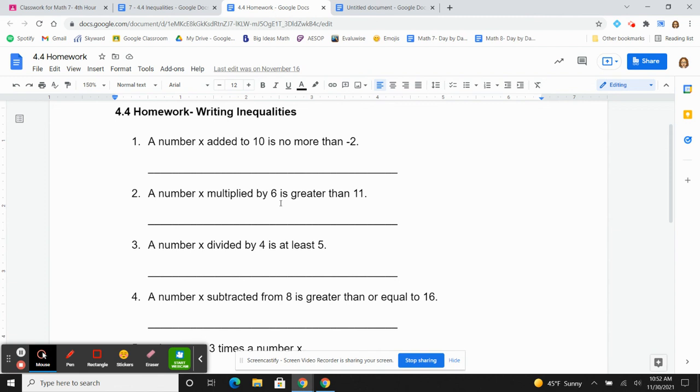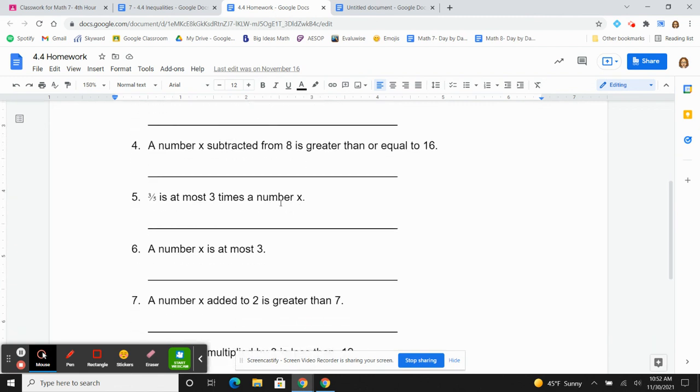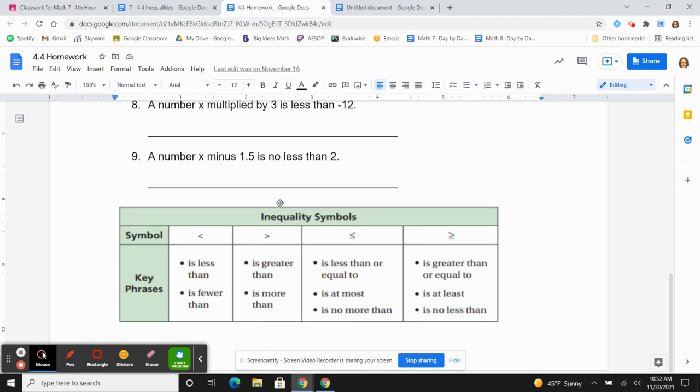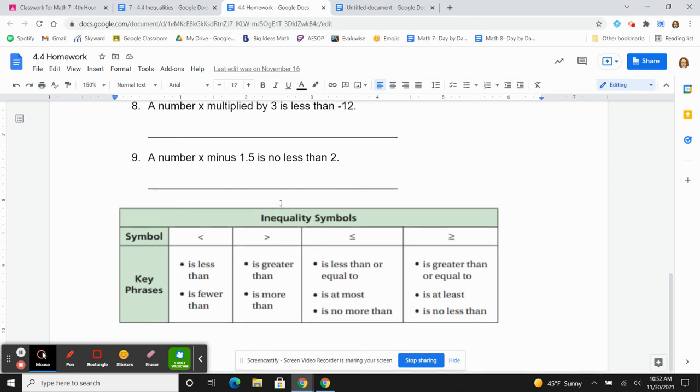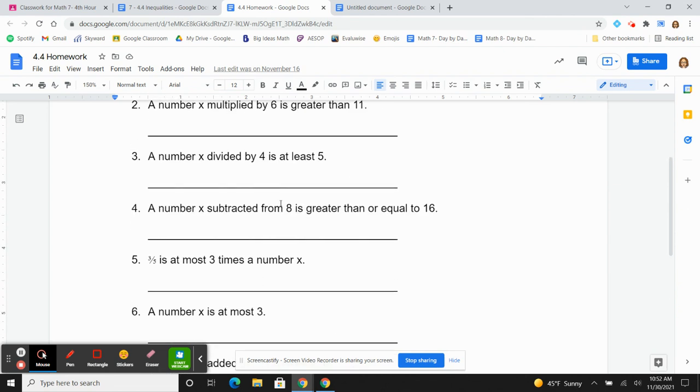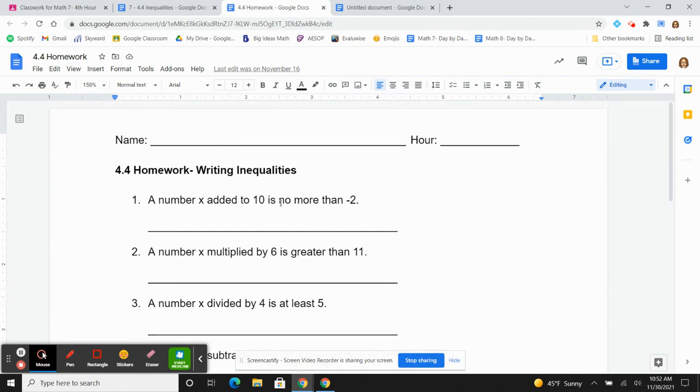And Miss Blair is so nice. She even put that chart at the bottom of your homework paper, the same one that's in your notes, so you know which symbol to use. You only have to do 9 of them. So if you finish this while you're still in here, you can definitely turn it in. If you do not finish it while you are still with me, then it is homework.